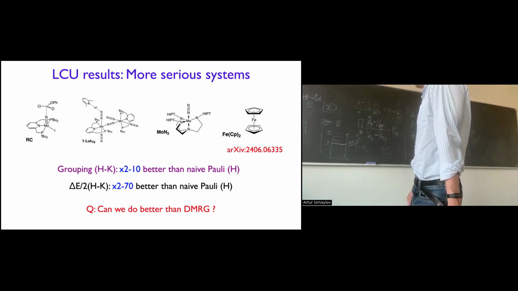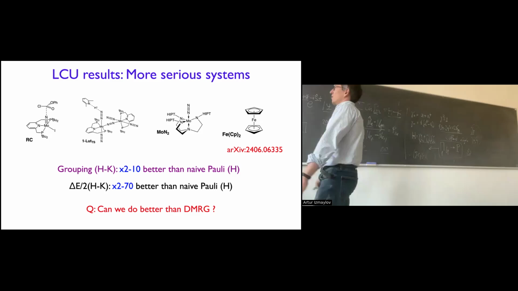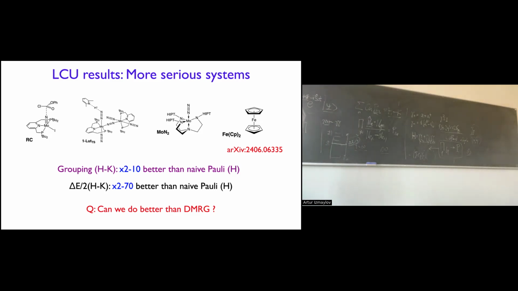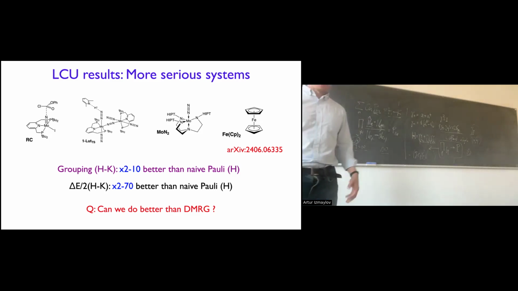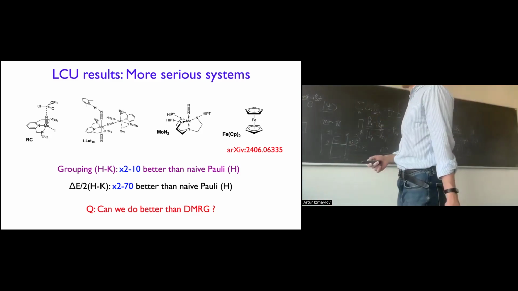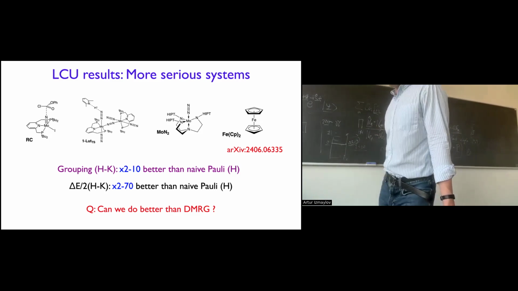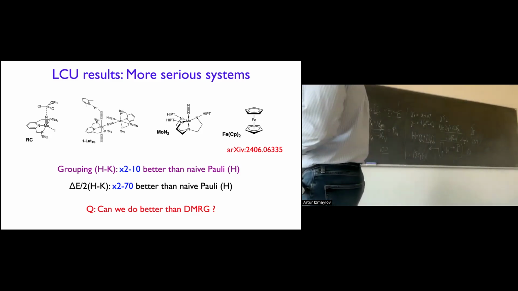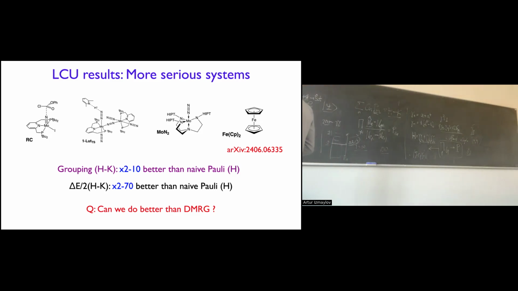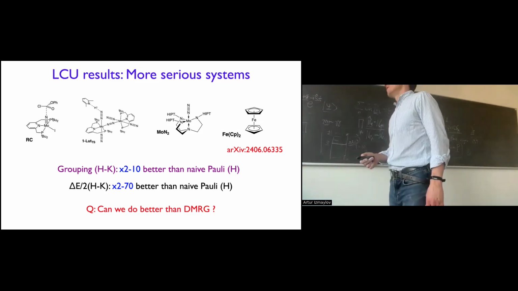So far, what we are mainly looking at is large systems that are industrially relevant. Some people want to find catalysts, and then they do, let's say, DMRG calculations or any other classical method, and whether we can do better than DMRG on quantum computers in principle in the future.